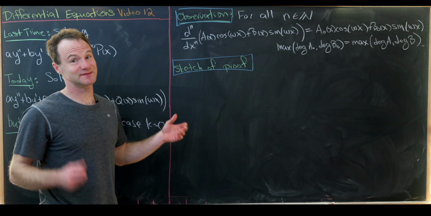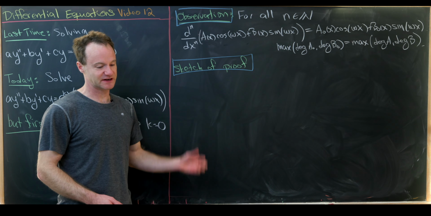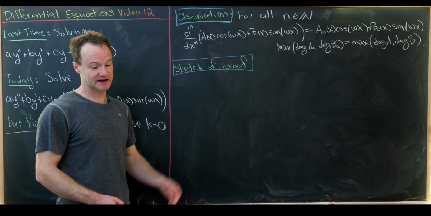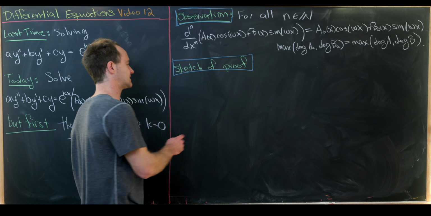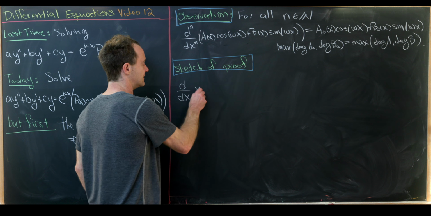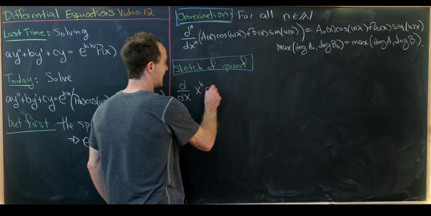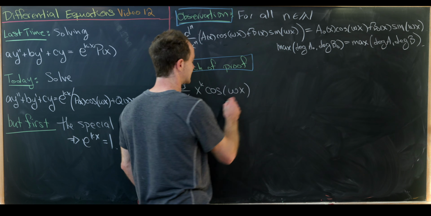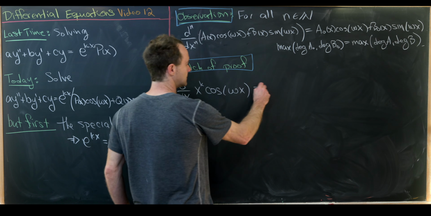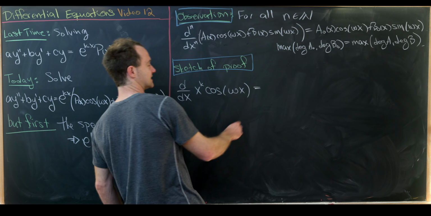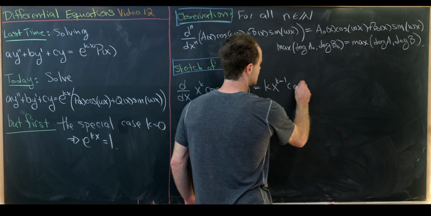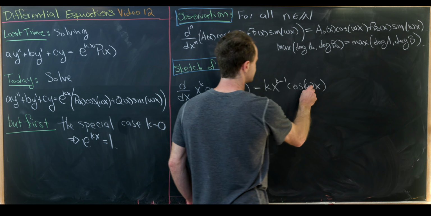And we can actually sketch a proof of this quite easily by just looking at a single derivative of a power of x times cosine and a power of x times sine. So let's do that. If we take a single derivative of x to the k cosine omega x, let's see what we get. We of course have to use the power rule. So taking the derivative of the x to the k part first, we get k x to the k minus 1 cosine omega x.